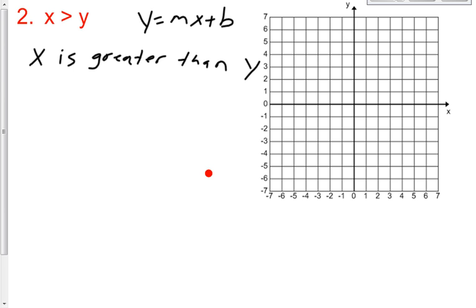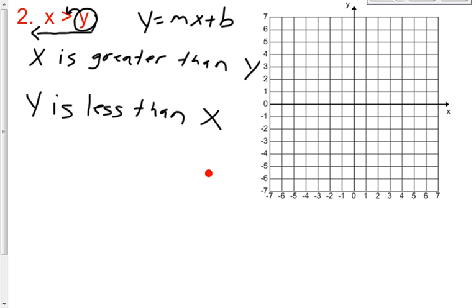If you read this from right to left, follow me here, you would say y is less than x. Y is less than x.